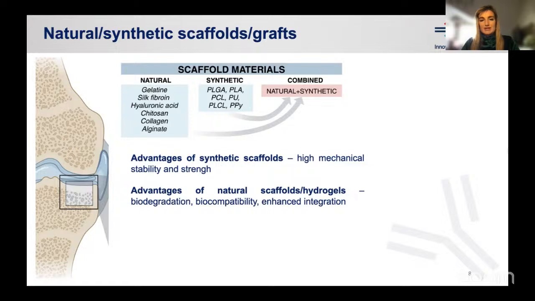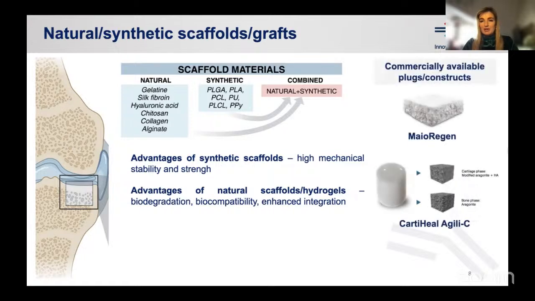For example, synthetic materials have very high mechanical stability and strength, but they lack biocompatibility and biodegradation. While natural materials, such as hydrogels, are very compatible and biodegradable, but they lack the mechanical properties. So usually they are combined, and you definitely know the commercially available constructs like MaioRegen or CartiHeal.